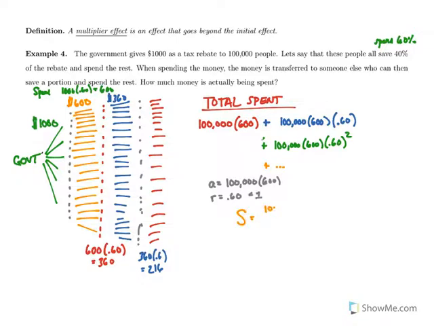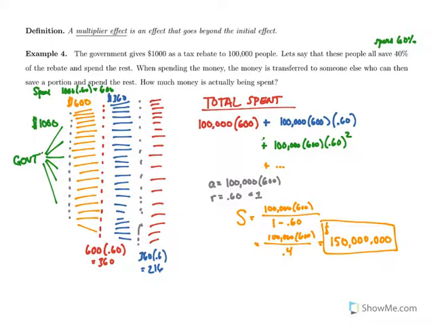This is going to be 100,000 times 0.6 divided by 1 minus 0.60, or divided by 0.4, which would be equal to $150 million being spent.